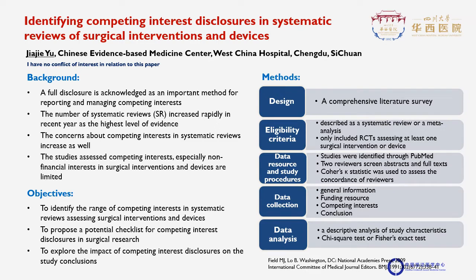We collected the general information for each study, including number of authors, number of trials, review types, type of journal, etc. We extracted the funding source and classified it as industry, non-industry, no funding, and not reported.